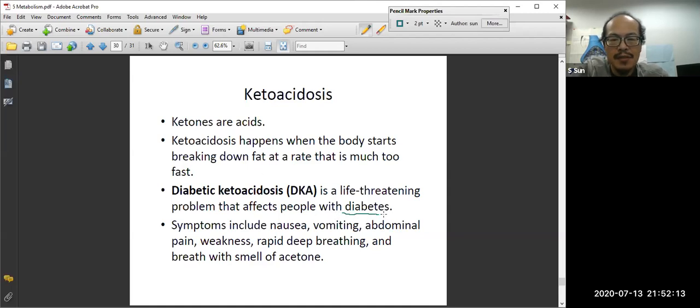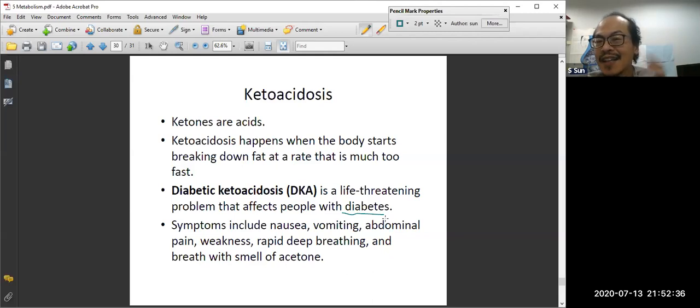Yeah, with diabetes. That's because the diabetes patient, even though it's not like they don't eat glucose, they eat glucose, and they have hyperglycemia, a high glucose level in the blood, but those glucose remain in the blood.